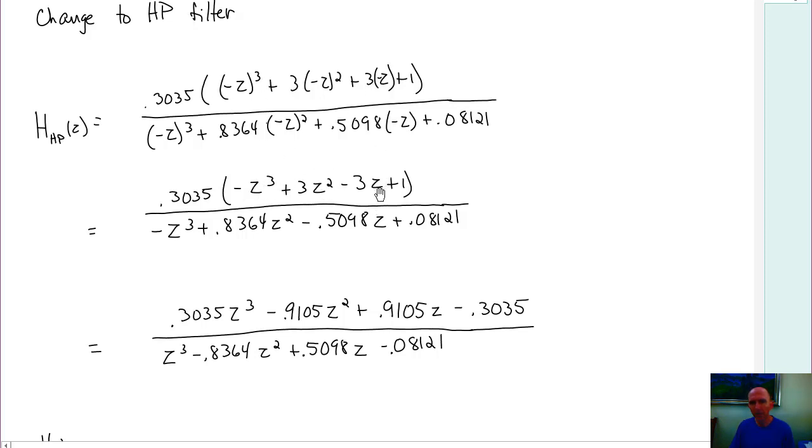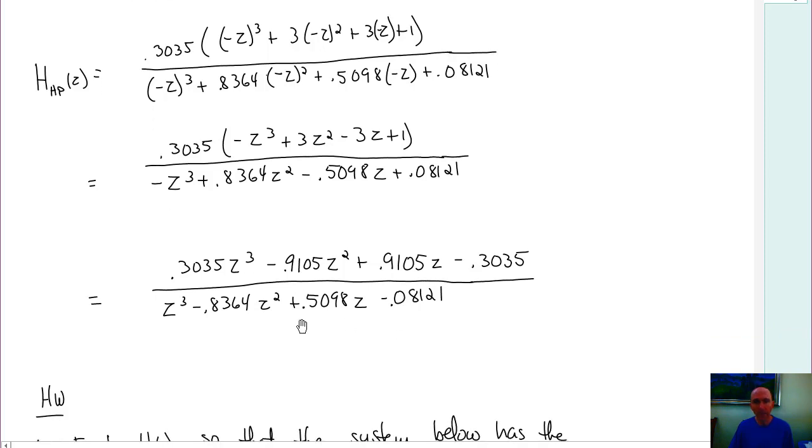And minus z, of course, just becomes minus z. And so this is the equation that we get. Again, normalizing, we want the highest power of z to have coefficient equal to 1, so we divide by minus 1 to get this. And this is our final answer. This would be the H of z that gives us the high-pass filter.